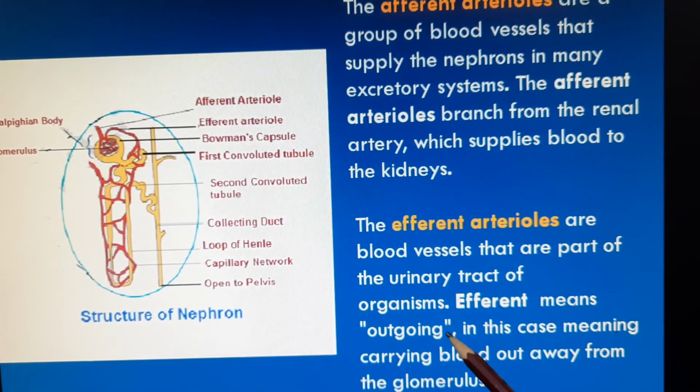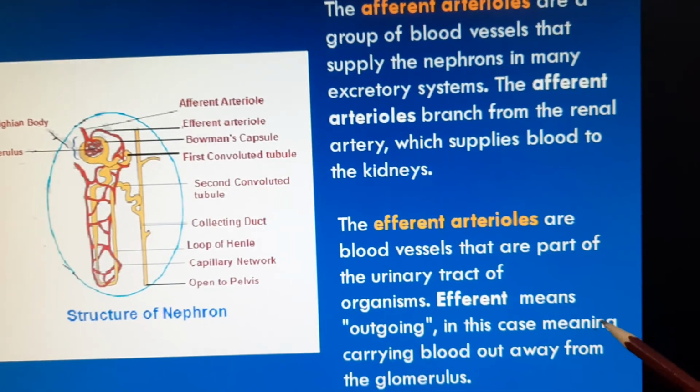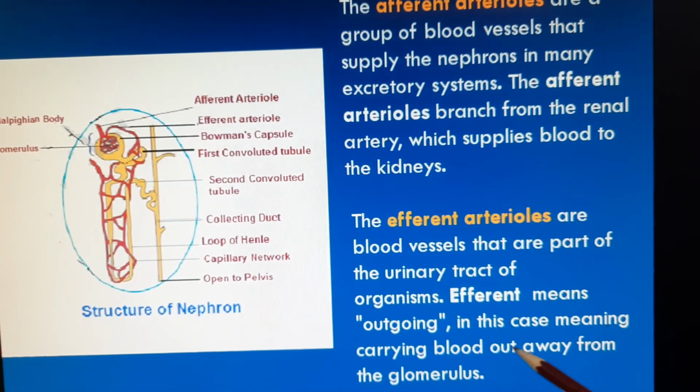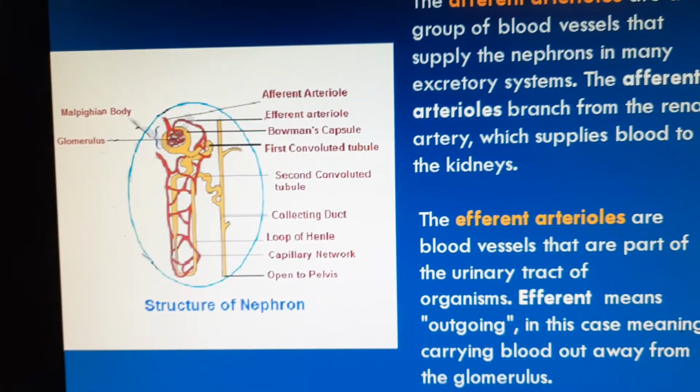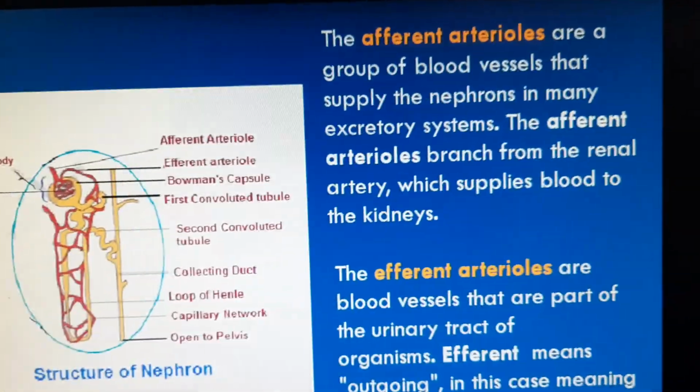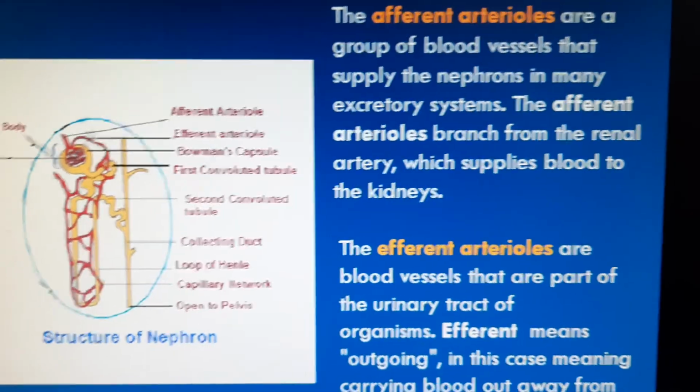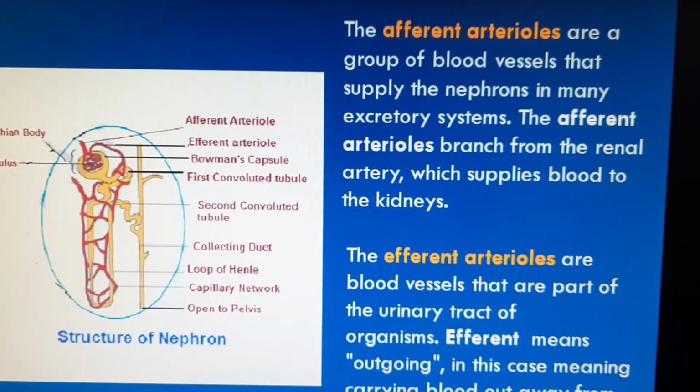Efferent means outgoing, in this case carrying blood away from the glomerulus. So this takes blood away from the glomerulus. We have to remember: this is A for afferent, this is E for efferent. So with this I think we are clear about the afferent and efferent.